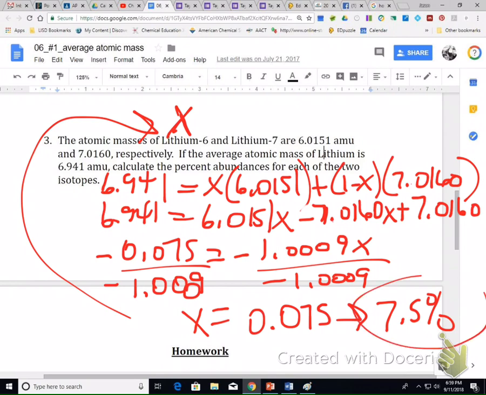So we've just calculated that lithium-6 is 7.5%, which means that lithium-7 has to be 100% minus that, or 92.5%. So that's just another thing we can do with this equation and this math, is actually calculate percents if we happen to know the weighted average.